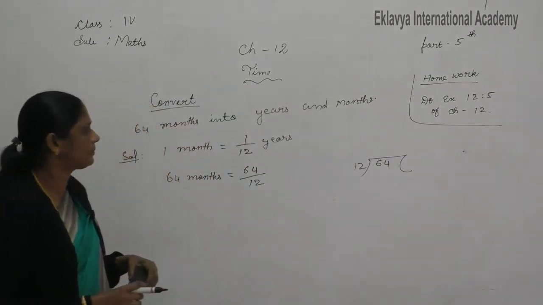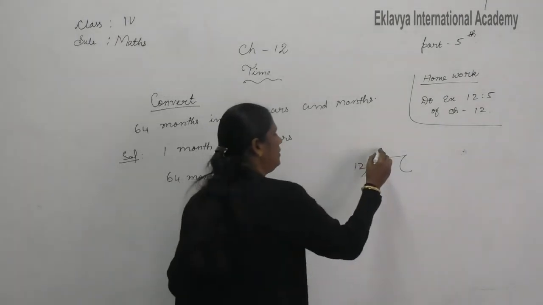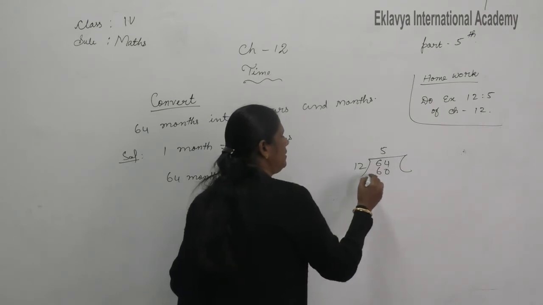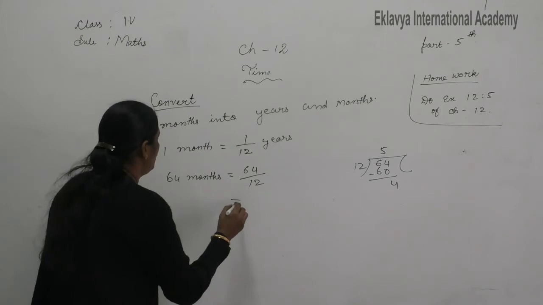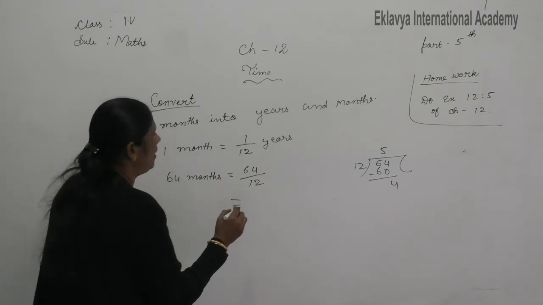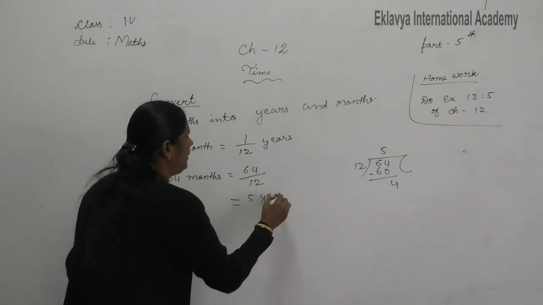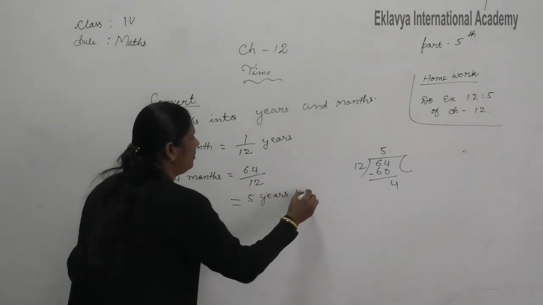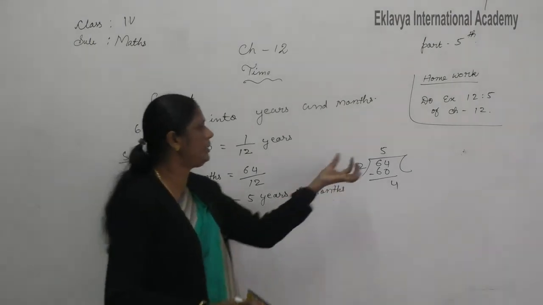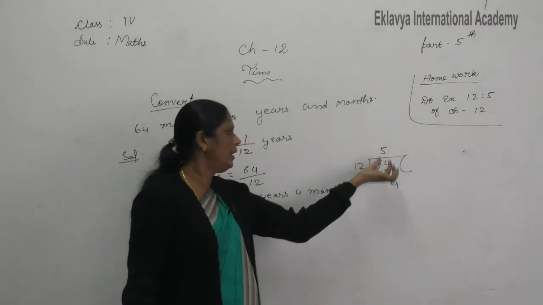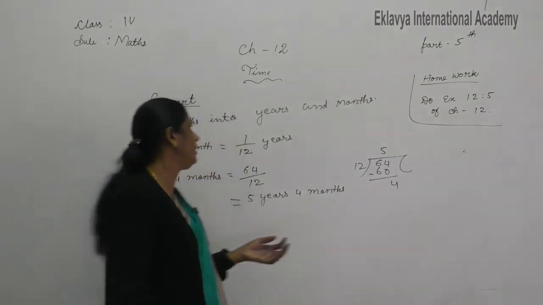How many times does it go? 5 times, that is 60. Then subtract. Your answer is 5 years, 4 months. Our quotient comes in years and the remainder comes in months. Okay. Next.